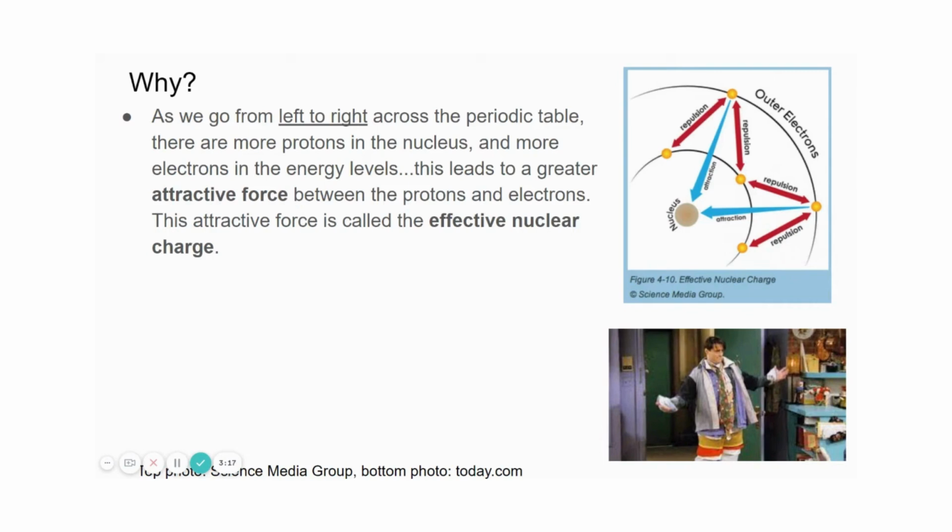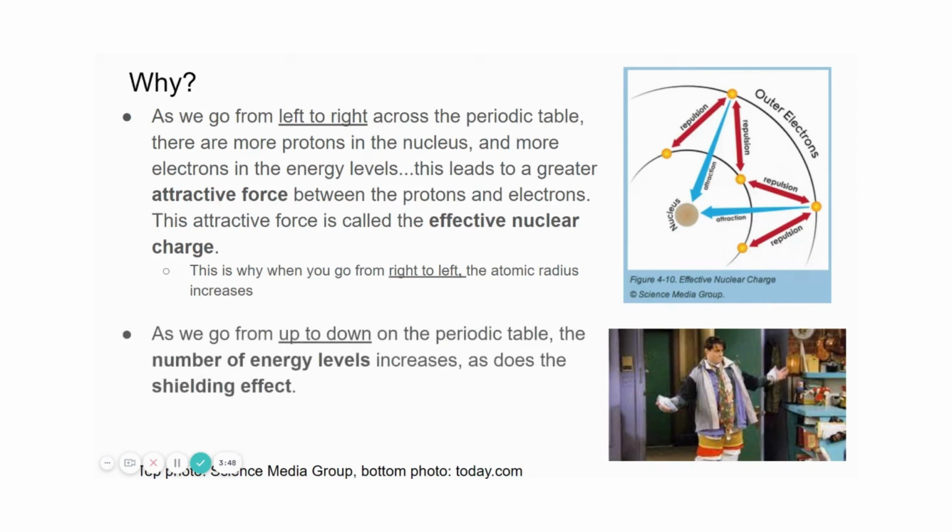And this attractive force is called the effective nuclear charge, which is helpfully summed up in this figure right here, which might again be one that you want to copy down. I will talk to you more about the effective nuclear charge in just a moment. Since the effective nuclear charge is increasing from left to right across the periodic table, this is actually why when I go from right to left, the atomic radius increases.